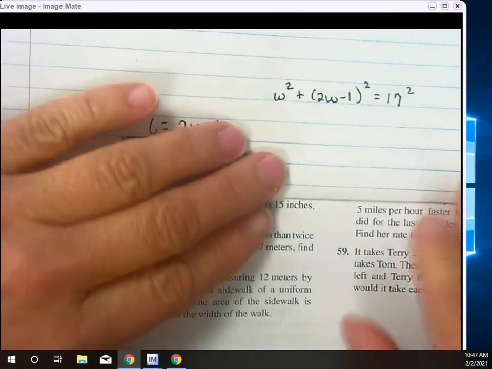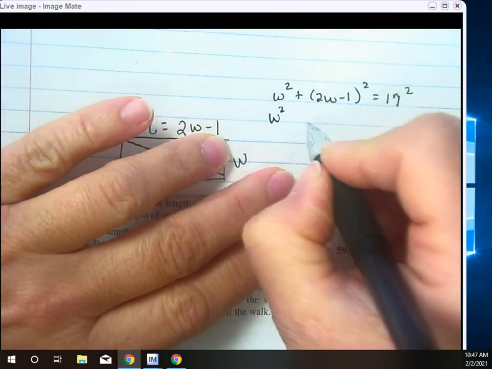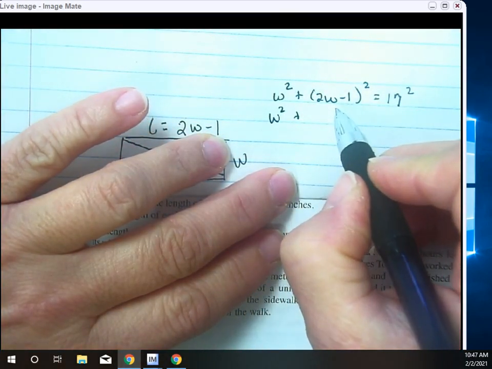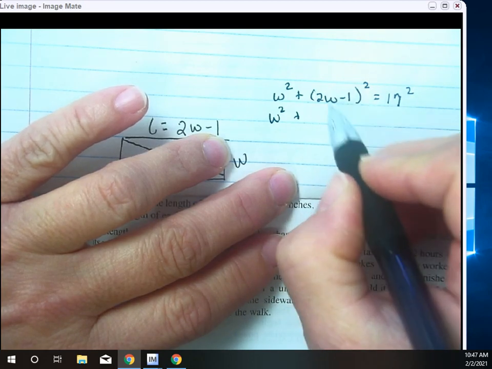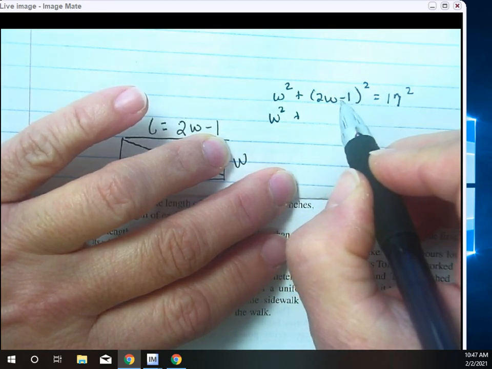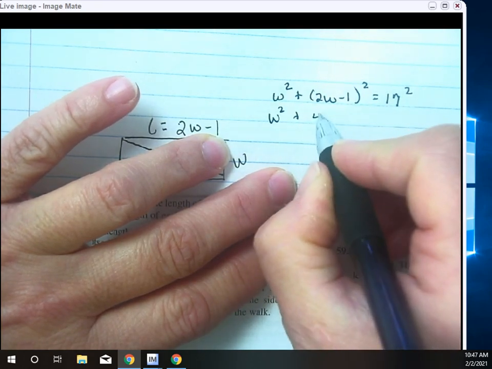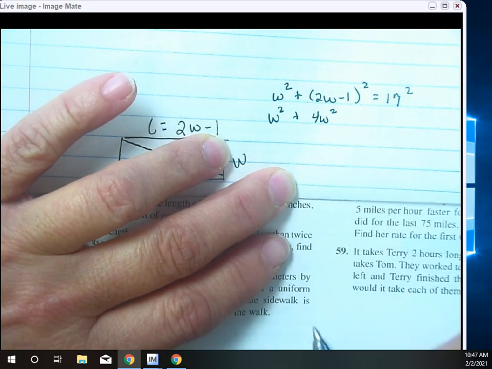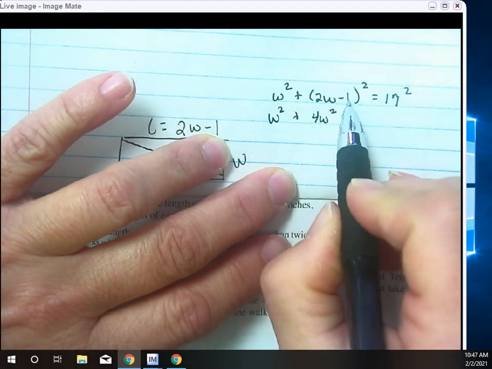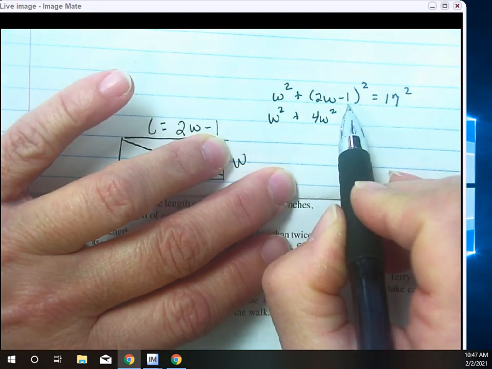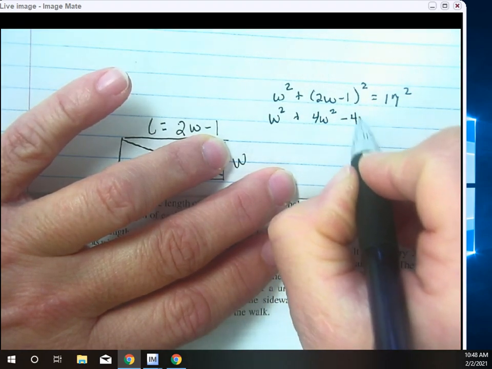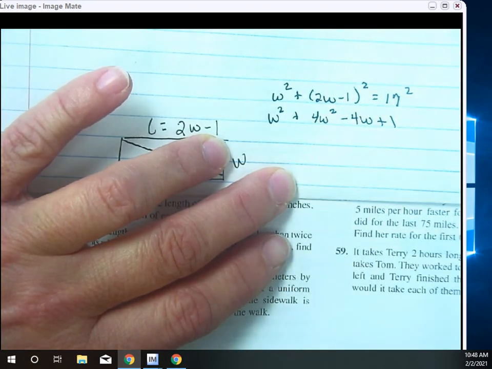Now, hopefully some of you are getting to the point where you can do this little trick. 2W squared is 4W squared. Multiply the 2W and the 1 together. That gives you a negative 2W, and double it. Square the last one.